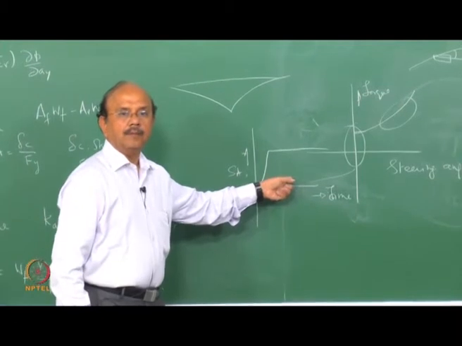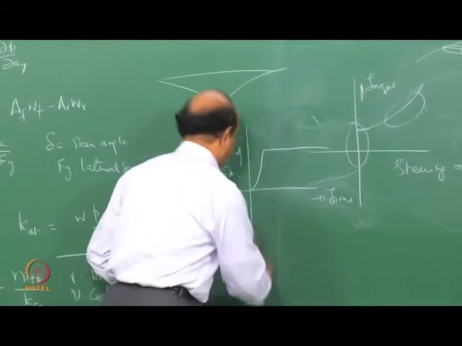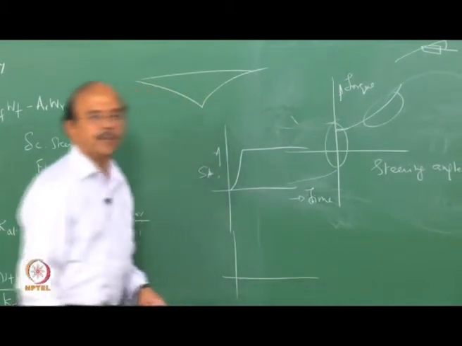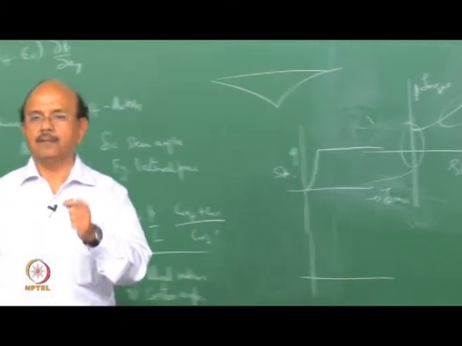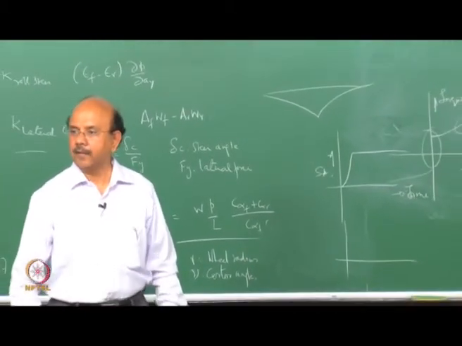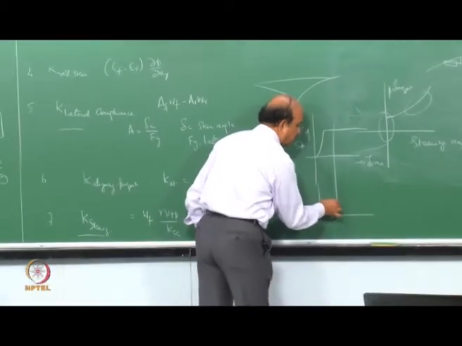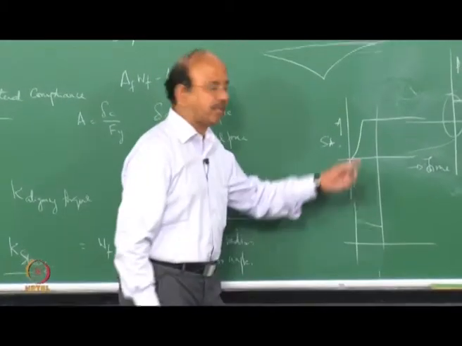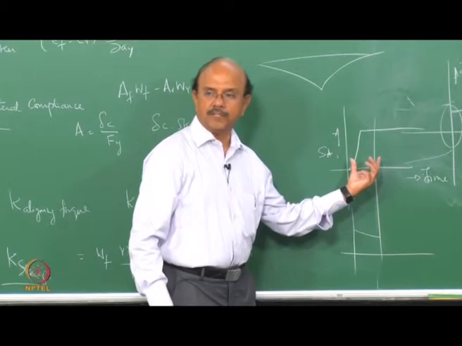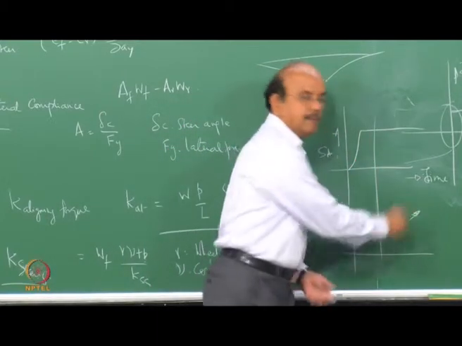Now I want to look at after how long does my car start negotiating this maneuver. So it may happen that the car which is going straight will keep going straight for some more time, which is that response time, after which it will start going.